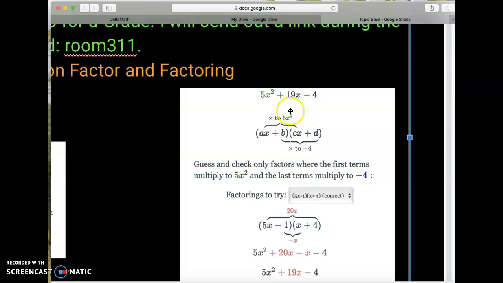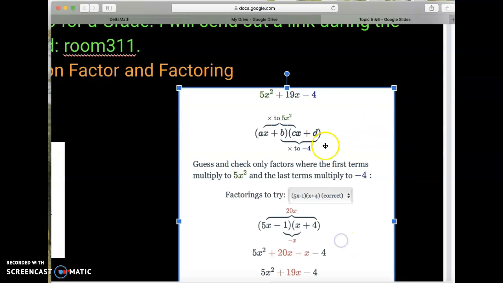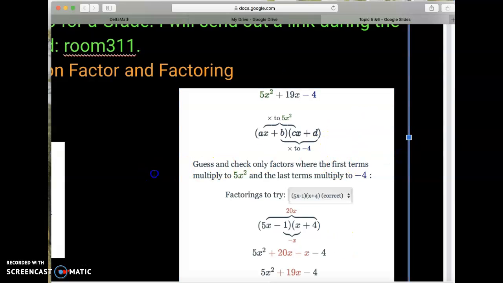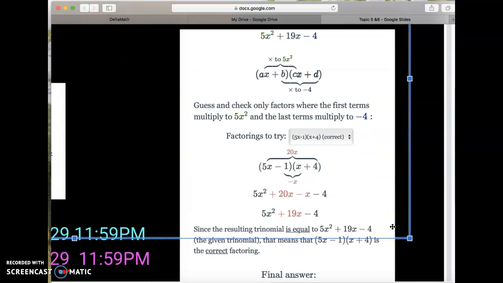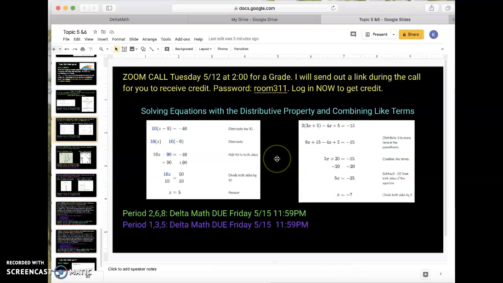They need to add up to 19. In this case, I know 20 and negative 1 gives me negative 20, and 20 minus 1 is 19. So they put it in the picture, and then from there, they factor by grouping. And I'll do an example of that now.